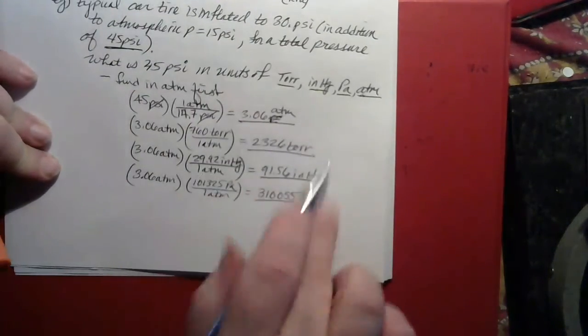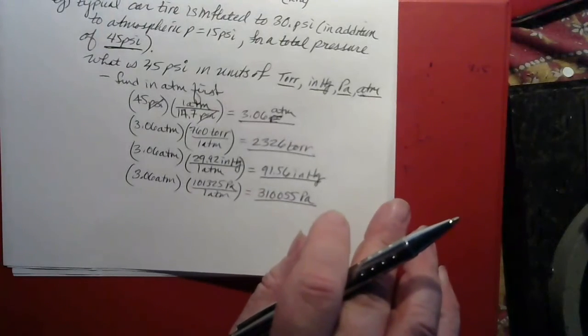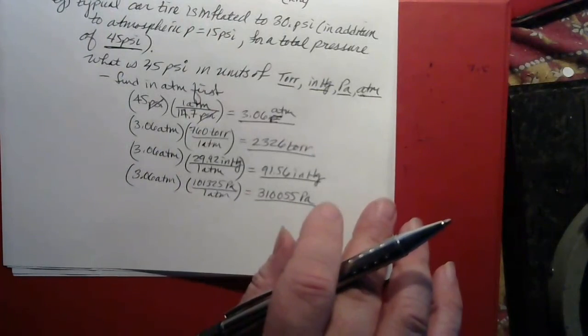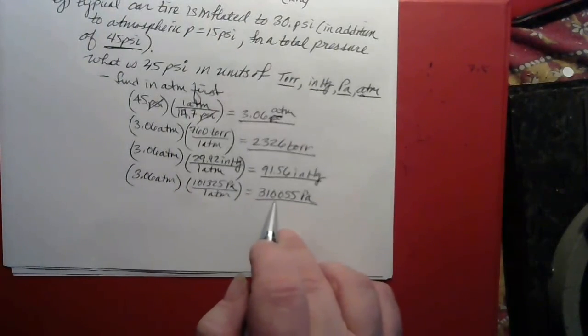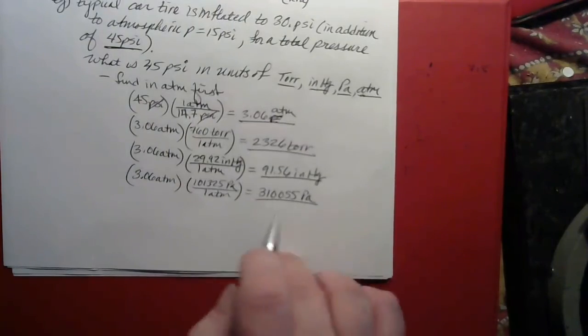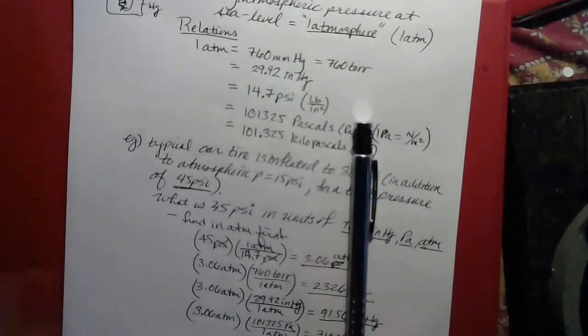I'm not being really careful with significant figures here, as you may have noticed. I'm just sort of showing you how the unit conversions can be done. This would be equivalent to 310.055 kilopascals, if you wanted to use that. And well, that anyway is an example of some unit conversions.